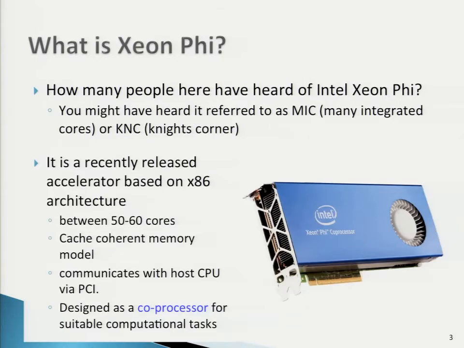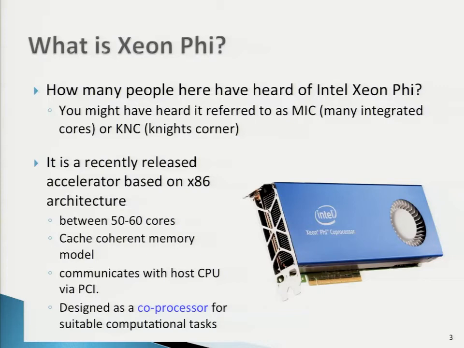So it's a plug-in coprocessor card. It's based on the x86 architecture, the same architecture that's behind our Sandy Bridge and many generations of Intel chips before it. But the main departure from history is that it has between 50 and 60 cores. I think the number has been finalized at 60 cores.